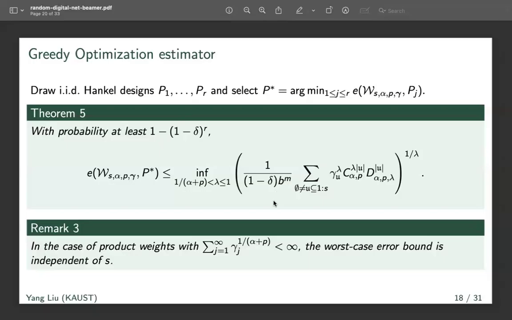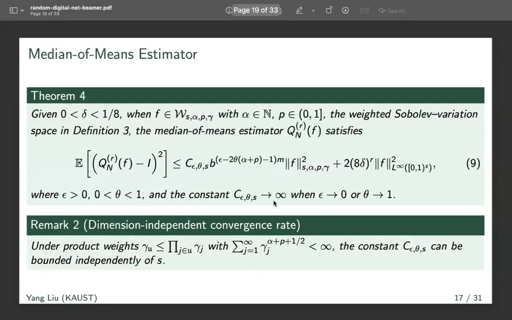Okay. So did you show the other result? Because I know there's the usual Monte Carlo. So the other one here is about median of means. Because b to the power m is the number n of points, we have the rate there, epsilon minus 2 theta times alpha plus p.